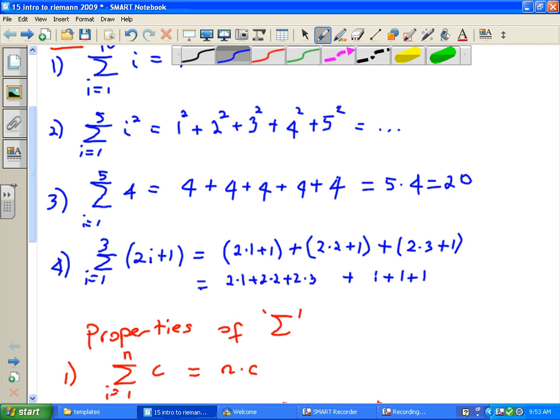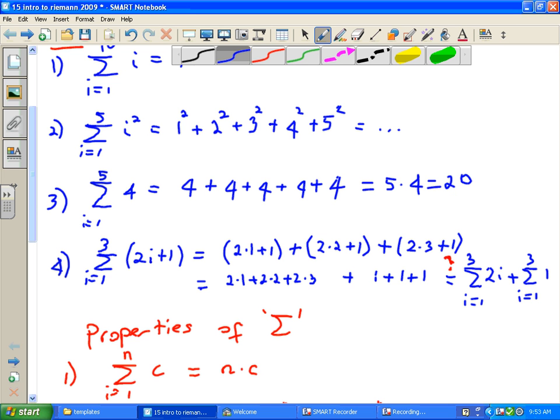So could I have written it like this then? Is this the same thing as summation of 2I plus summation of 1 as I goes from 1 to 3? Could I do this? I'm going to put a question mark because we're discussing it right now. We're not sure yet. Look at the original question. It was summation of 2I plus 1, right?